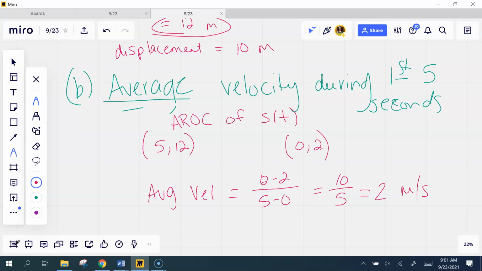We have done this before when we talked about position and average rate of change when the rock was dropping over certain time periods, right?